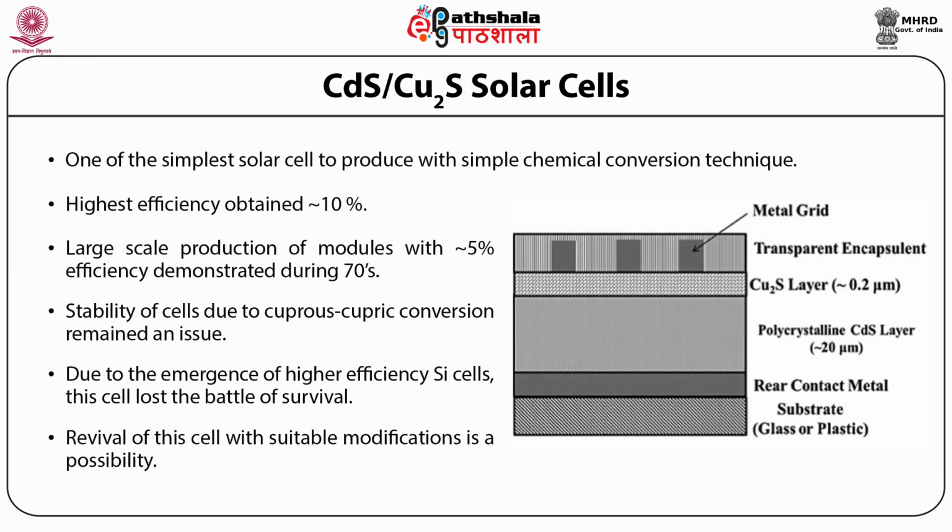Cadmium sulfide or copper sulfide solar cells. The photovoltaic effect in cadmium sulfide or copper sulfide was first discovered in 1954.